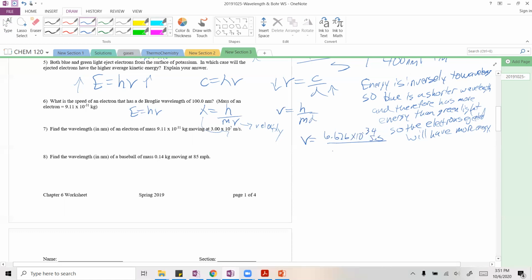Our mass is going to be 9.11 times 10 to the minus 31 kilograms. And our wavelength is going to be the 100.0 nanometers. But we want to go ahead and convert that over into our meters. And so we want to times this by 10 to the 9 nanometers over 1 meter.